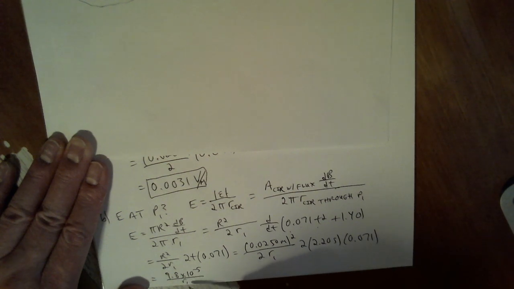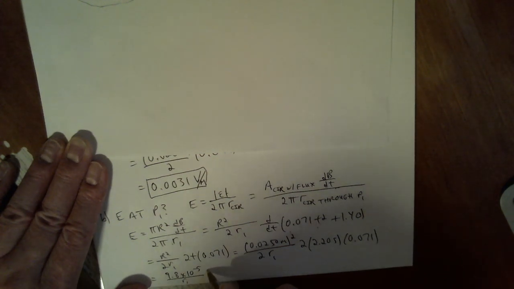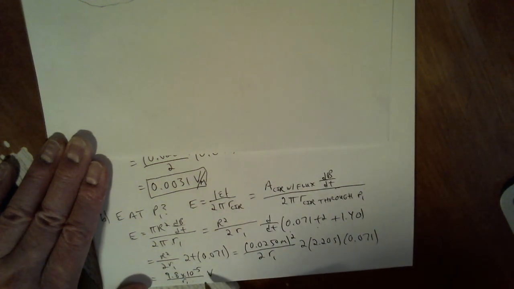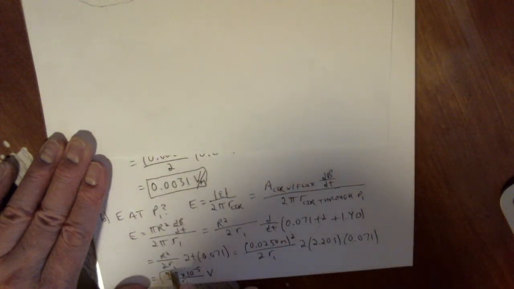This expression, though, has R1 downstairs. R1 is a variable for a length, a radius. It has meters in it. So volts per meter are the overall units of the E field. But because I've got meters downstairs here, the units I write out here are just volts, because this whole thing will have units of volts divided by meters, because R1 has a number inside it and a unit of meters. Okay. And so that is the answer.